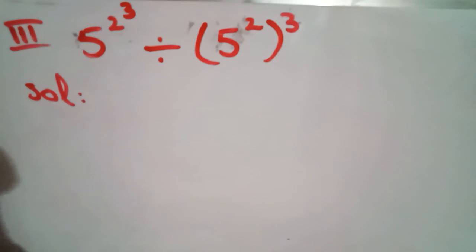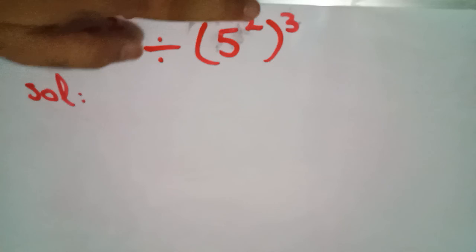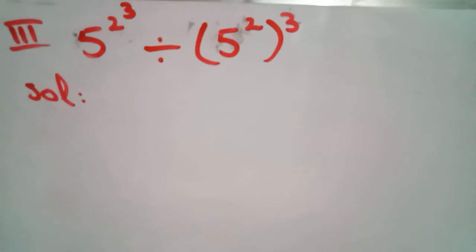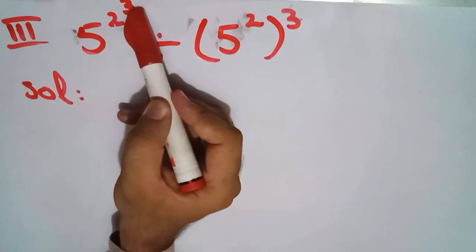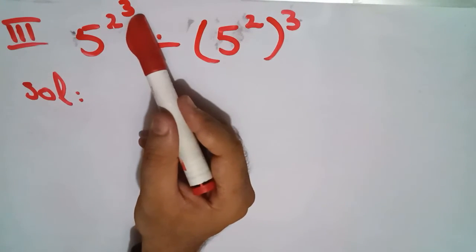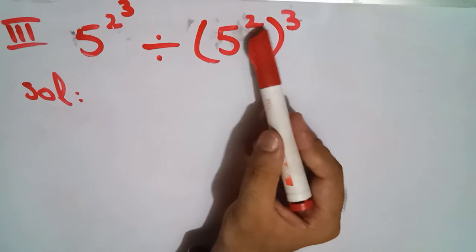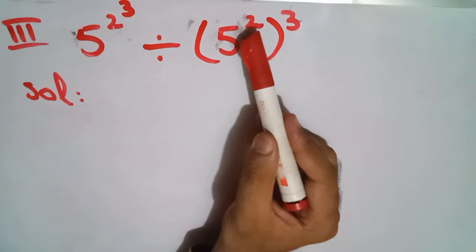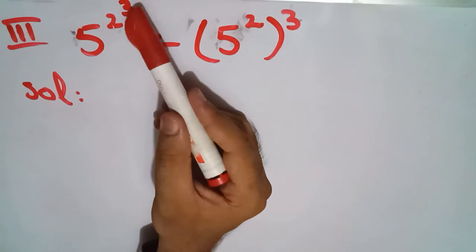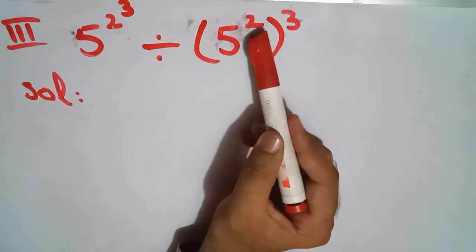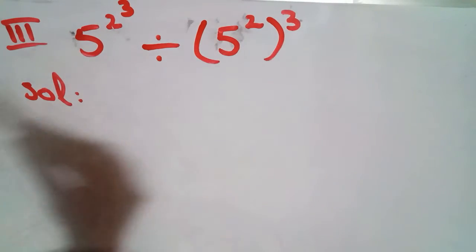First of all, you have to understand the concept that it is the power of the square, but it is not the power of the square. So 2 raised to power 3 means 2 is multiplied 3 times, but it is not the power of 3. It means 2 is multiplied with 3.